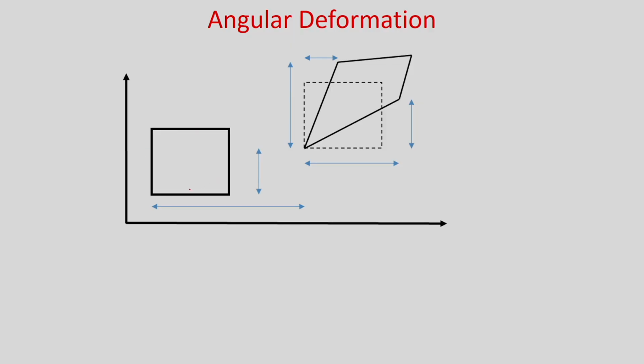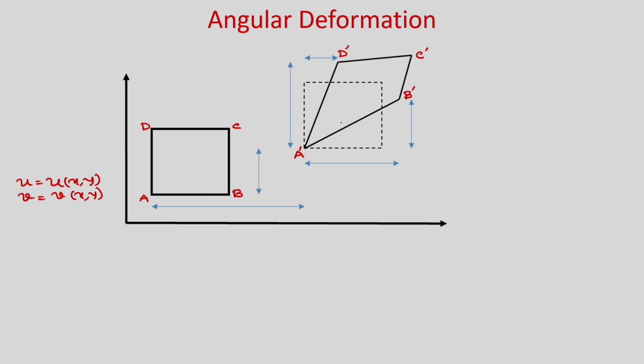Now, let us consider a two dimensional fluid element with velocities u and v both functions of x and y. Then we will get angular deformation. Consider first the initial position of the fluid element at time t, A, B, C, D. After time t plus delta t, as u and v are functions of x and y, it will have some angular deformation, and the position is A prime, B prime, C prime, D prime.